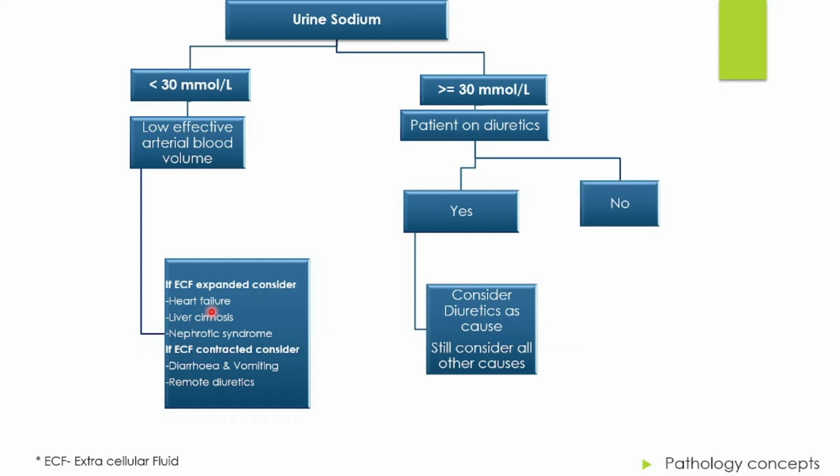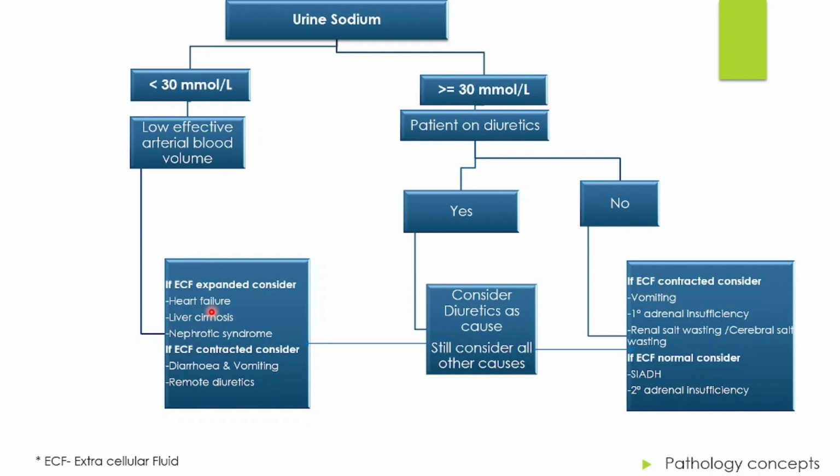And if the patient is not on diuretics, then check: if extracellular fluid is contracted, then the causes are vomiting, primary adrenal insufficiency, renal salt wasting, and cerebral salt wasting. If the extracellular fluid is normal, then consider SIADH and secondary adrenal insufficiency as a cause of hypotonic hyponatremia.